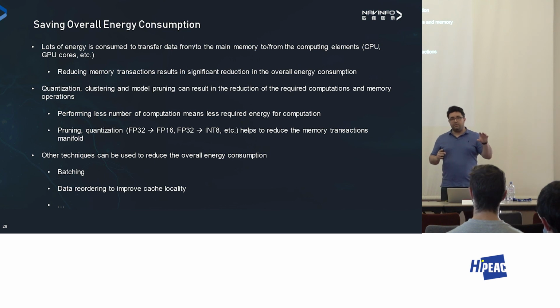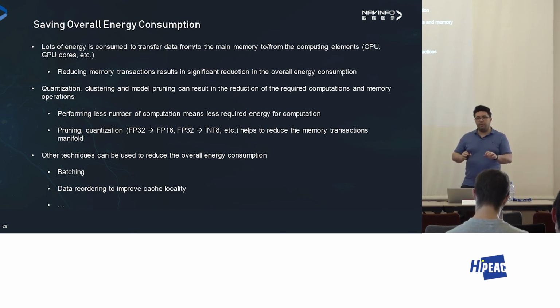And if you manage to utilize and engage all those computing elements, then the memory can definitely become a bottleneck. These kinds of techniques can simply reduce the pressure on the memory, and then you get a lot of benefits.